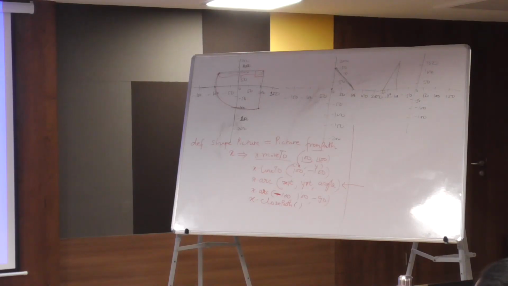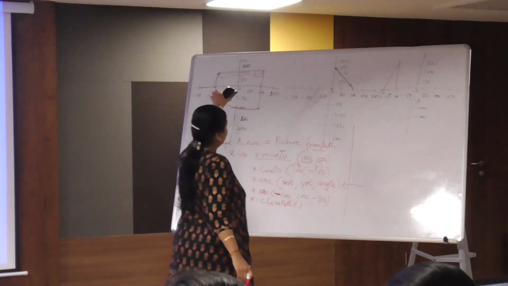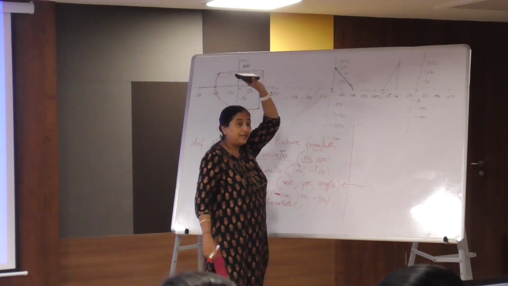If we comment the last close path, then we will not be able to see the line. Unless you put x dot close path, you will not see the closing line. Only when you put close path, it will close, and it goes to the starting point. Any doubts?